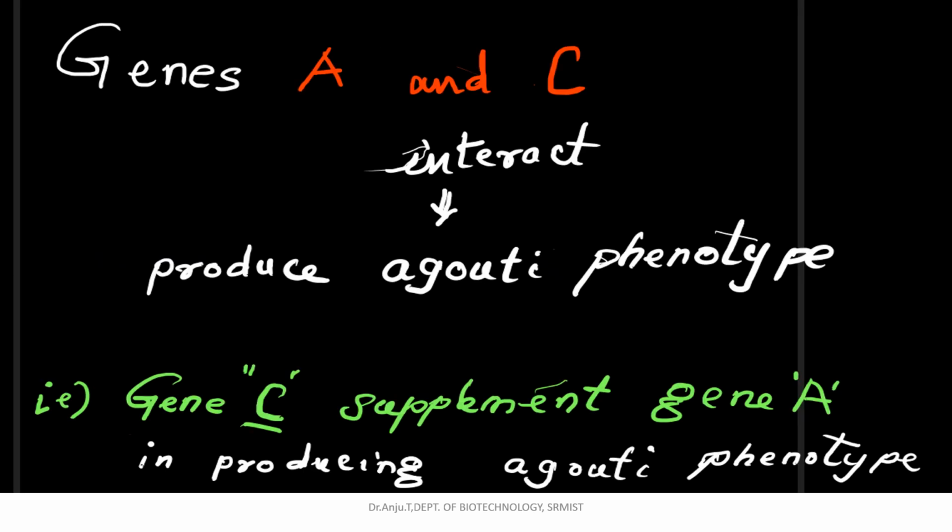Therefore, gene A and C interact to produce the agouti phenotype. That is, here the gene C supplements gene A in producing the agouti phenotype. That is why we call it supplementary gene interaction.